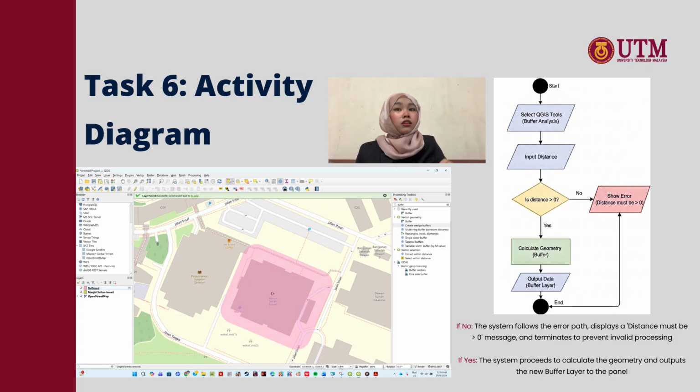Is starting from the start node. The surveyor select the buffer node and input a distance that include a critical decision node, like is the distance greater than 0 or not. If no, the system follow the error path, like display a distance must be more than 0 message, and terminate to prevent invalid process.